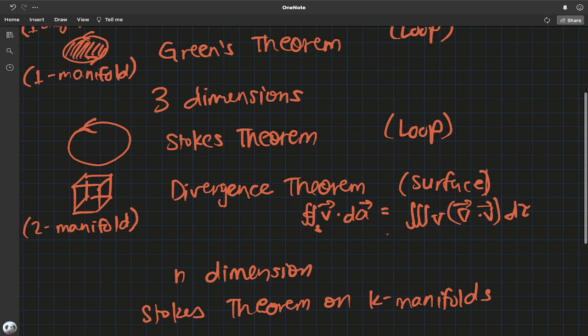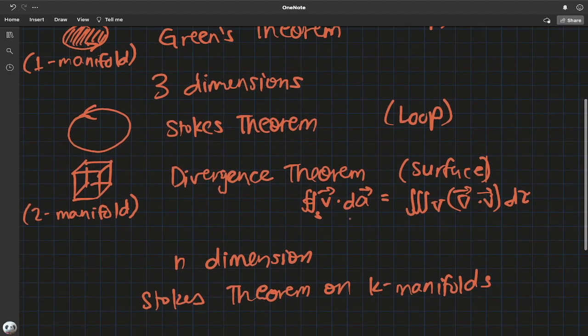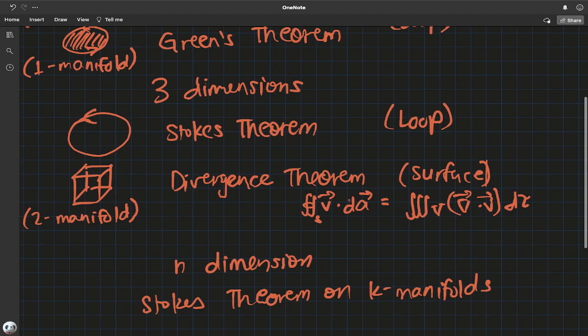If we had a 3-manifold here, we would have the triple closed volume integral of some scalar field, or maybe some vector field, maybe orientation would be defined differently, being equal to a 4-dimensional integral of the higher analog of the divergence or the differential operator.